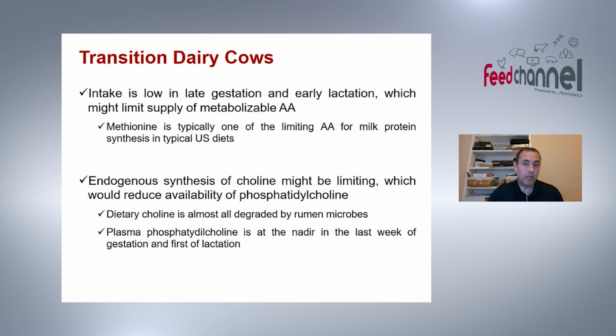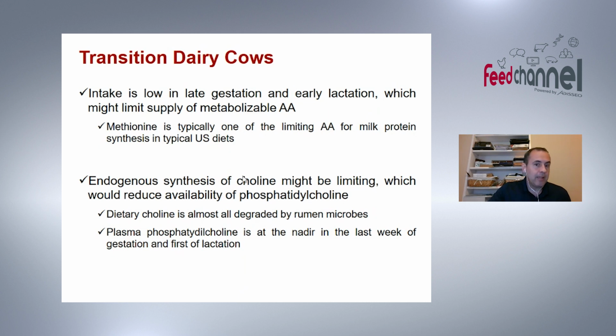Because of the diets that we feed prepartum that typically contain a large amount of NDF, and in many cases very undigestible NDF, and because intake is low, it's no surprise that there may be a possibility for inadequate intake of essential amino acids because microbial synthesis is reduced because there's just less substrate in the rumen for microbial growth.